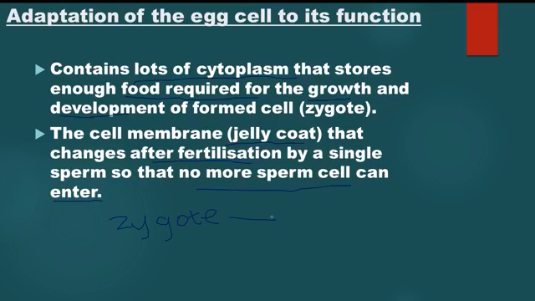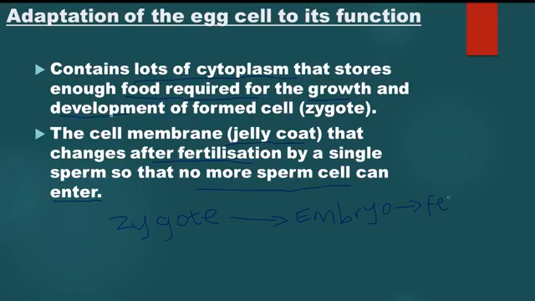It will undergo several cell divisions by mitosis to give you a ball of cells that you call an embryo. Then the embryo will grow and develop, with a lot of cell division taking place, to give you the fetus.